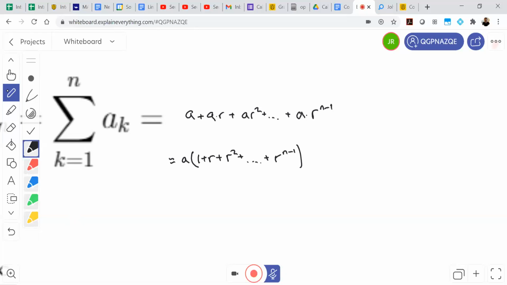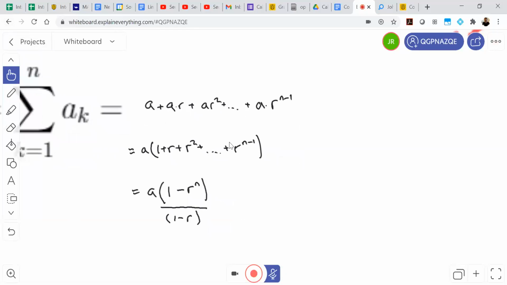And secondly, my favorite step, I'm going to rewrite the entire thing in the parentheses as a times, and now this will become, 1 minus r to the n divided by 1 minus r. Now that step should not feel intuitive.